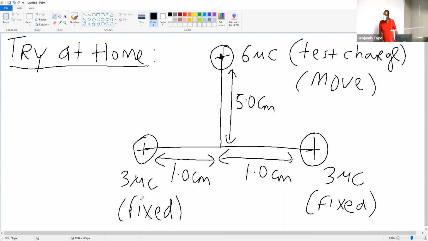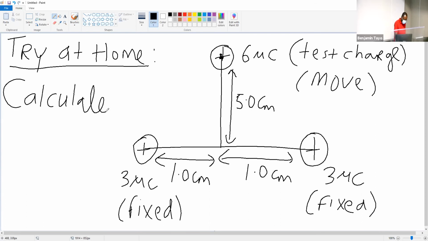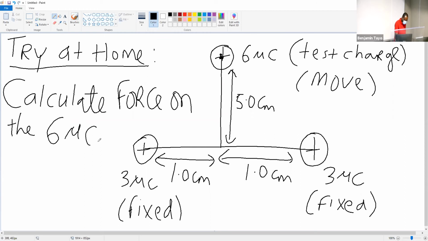So what I want you to do is calculate the force on the 6 microcoulomb charge.